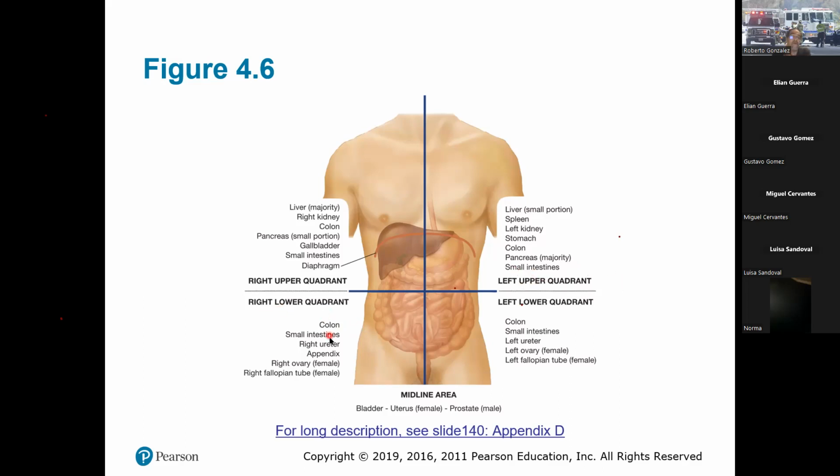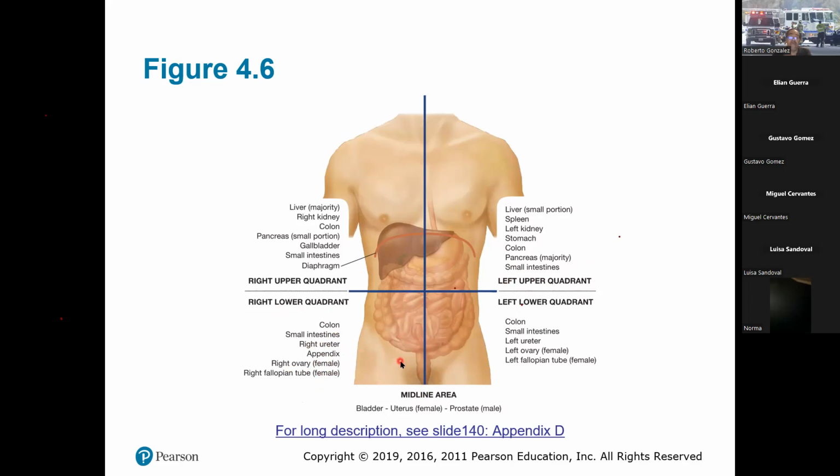The right lower quadrant has the colon, small intestine, and right ureter. The ureter is the tube that goes from the kidneys to the bladder. You have 2 ureters and 1 urethra. The urethra goes from the bladder to the outside. So right ureter, appendix, right ovary in females, and right fallopian tube in females.